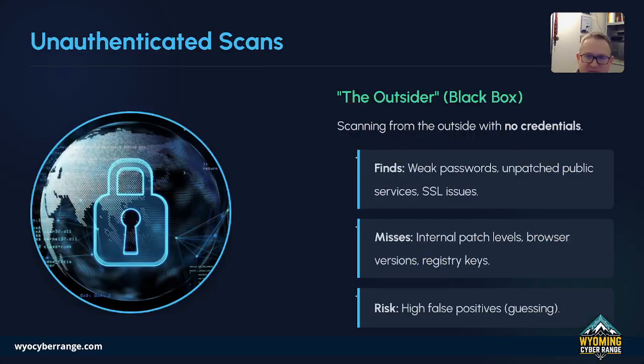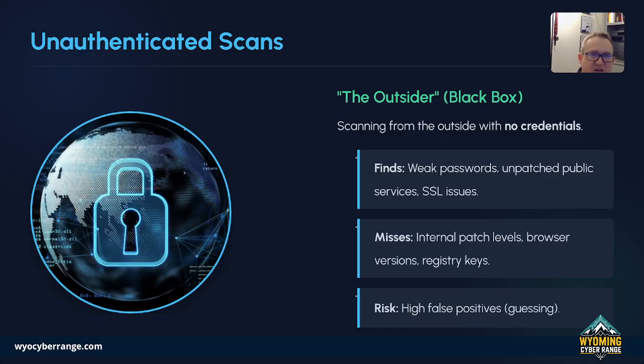So that first type of scan was an unauthenticated scan. Think of it like an outsider or a black box approach. You're scanning the target from the outside with no credentials. This is useful for finding things like the low-hanging fruit. Weak passwords, maybe unpatched software, maybe TLS or SSL issues.